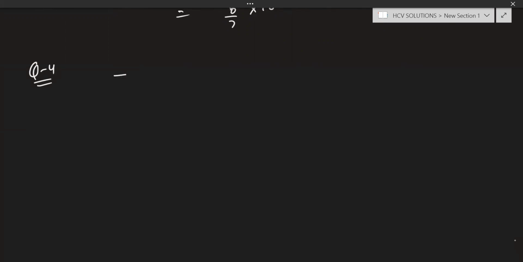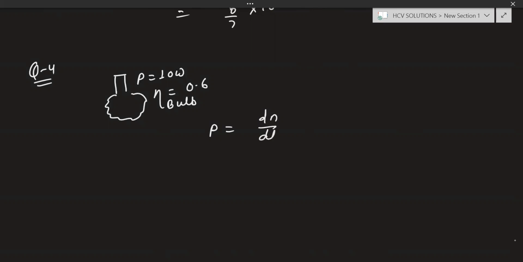You see, here is the bulb, and whatever energy is given to the bulb is converted into light. Let's suppose its power is 10 watt, but the efficiency of conversion of this energy into light is 60%, so we take 0.6. And power we know very well is given by dn upon dt, the number of photons falling per unit time, times hc by lambda.